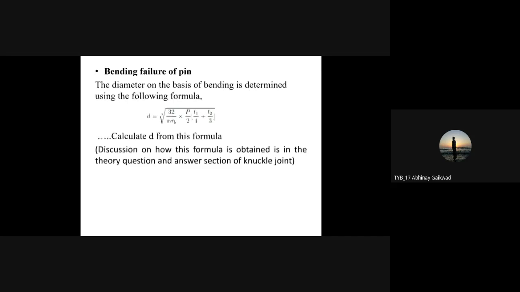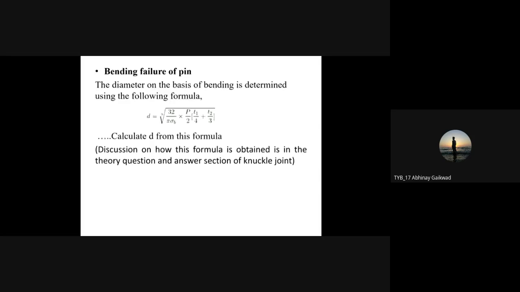Most of the time you might have seen, those who have experience of connecting a trolley to the tractor might have observed that though the pin does not shear, bending occurs in that pin.